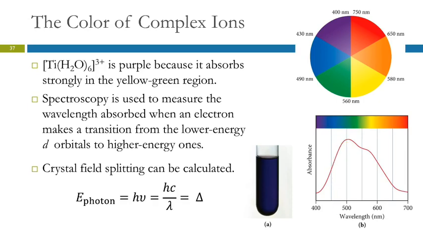So we can calculate the crystal field splitting energy by looking at the energy of the photon, which is related to its wavelength. The energy of the photon is Planck's constant times the frequency, or Planck's constant times the speed of light divided by the wavelength. We can measure the wavelength here, and so we can calculate the splitting energy.